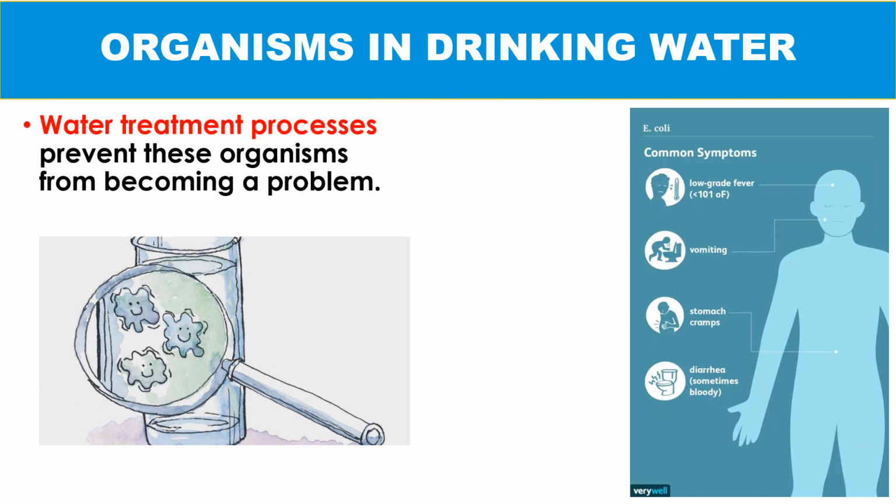So we have to somehow kill those germs, in this case bacteria as an example, to prevent these organisms from infecting the human body system. We call those filtration systems, specific to biotic factors, water treatment processes. Sometimes people put some chemicals like fluorine and chlorine to kill some of those germs.